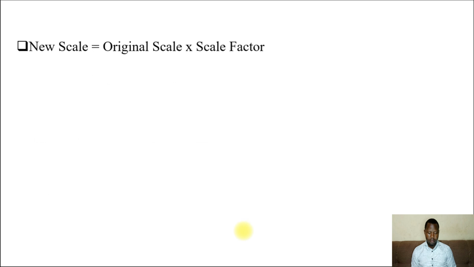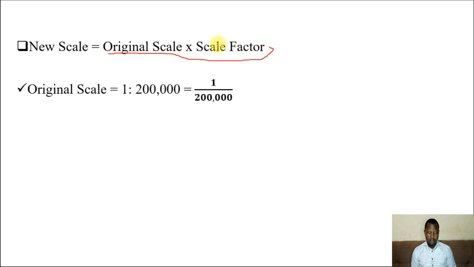Now we have to calculate our new scale. For the new scale here, we have the formula original scale times the scale factor. So what is our original scale then? By a representative fraction, the original scale, which is 1 centimeter to 2 kilometers, will be 1 is to 200,000, which can also be expressed mathematically as 1/200,000.